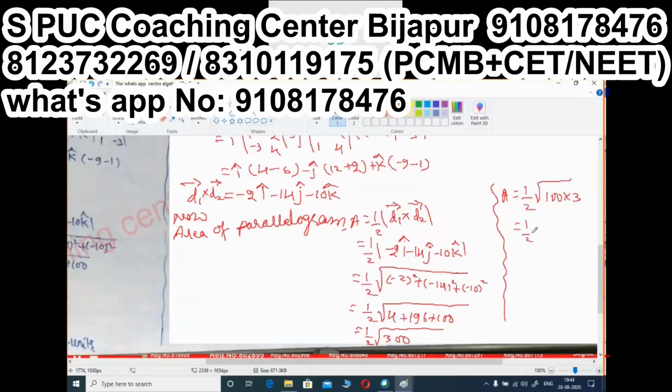That is 1 by 2 into 10 root 3, that is 10 by 2 root 3. Then 2 ones are 2, 2 fives are 10, it is going to come out as A is equal to 5 root 3 square units.